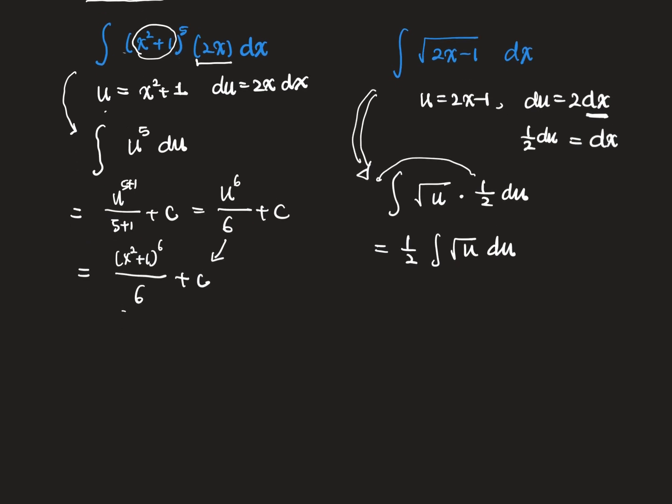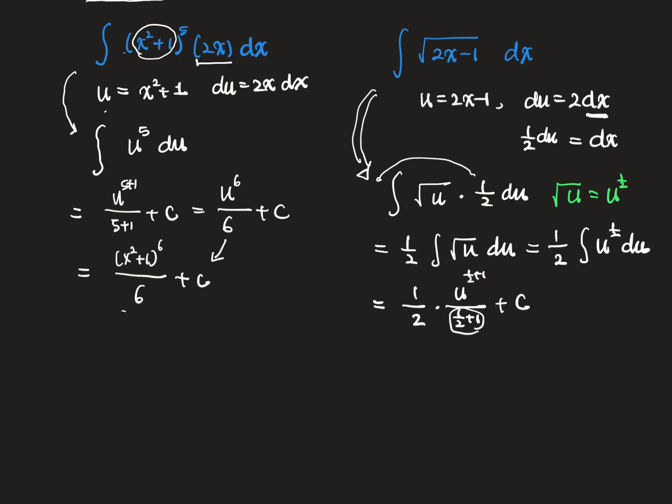Let's quickly go over how to find the antiderivative of square root u. Square root of u is u to the 1/2, right? So this is 1/2 integral of u to the 1/2 du. The power rule: 1/2 plus 1, u to the 1/2 plus 1, plus c.